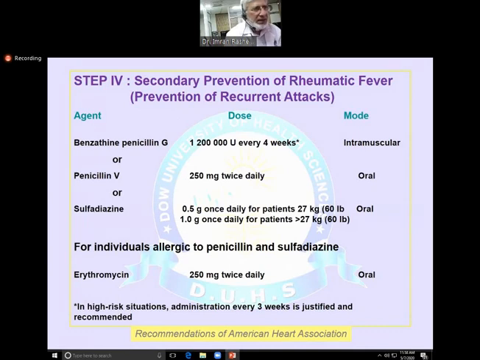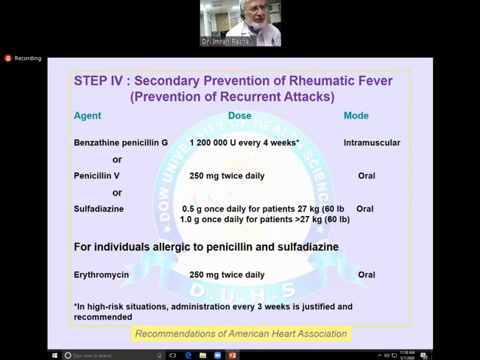Then step 4 is secondary prevention of rheumatic fever. For that, you give benzathine penicillin G 12 lakh international units every 4 weeks intramuscularly, or you can give penicillin V 250 milligram twice daily orally, or you can give sulfadiazine 0.5 grams once daily for patients up to 27 kg, or 1 gram once daily for patients more than 27 kg.